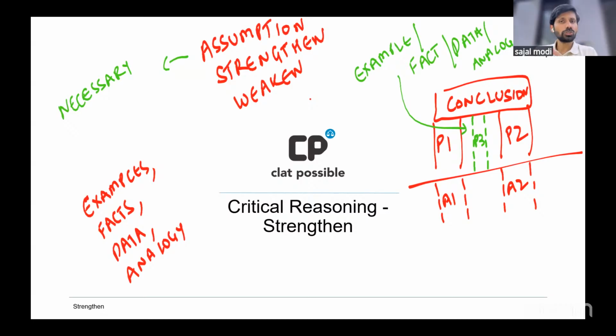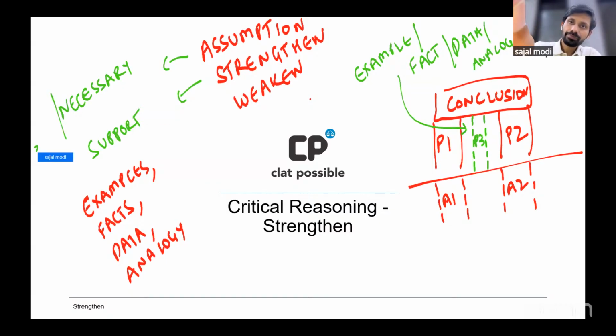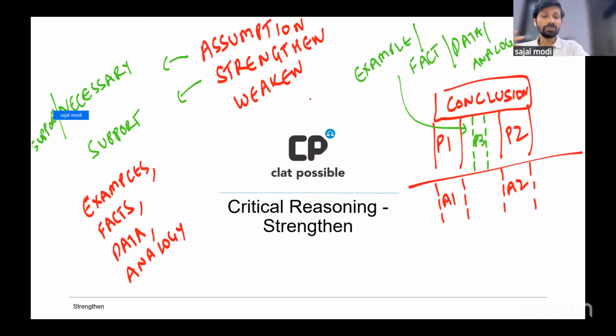It is a foundation, so it provides support to the argument, but it is also necessary for the argument, right? In strengthen, we are not really looking for an option that is necessary. We are just looking for an option that provides support, right? So the assumption is supporting and also necessary.